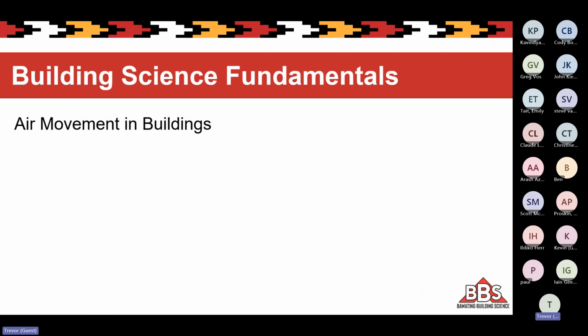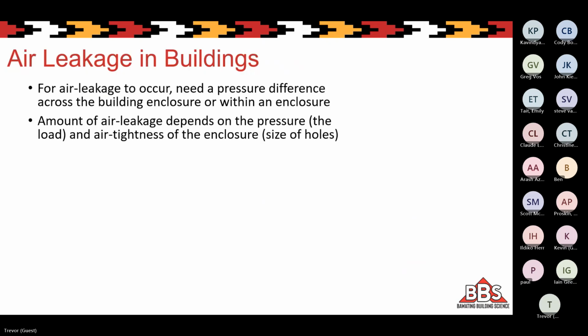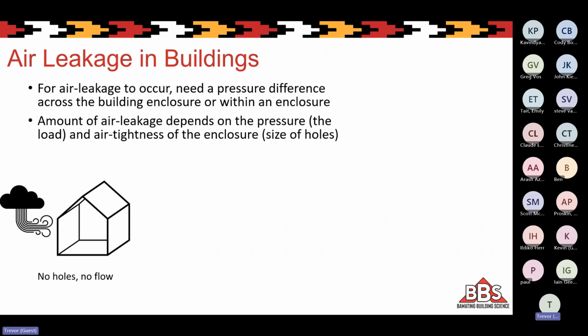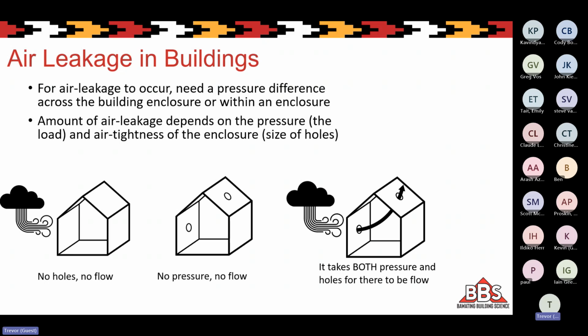To really understand ventilation in roofs, we need to understand air movement in buildings. For air leakage to occur in a building, we need two things. We need a pressure difference across the building enclosure from inside to out, and we need pathways for that air to flow. If we have no holes, we'll have no airflow.